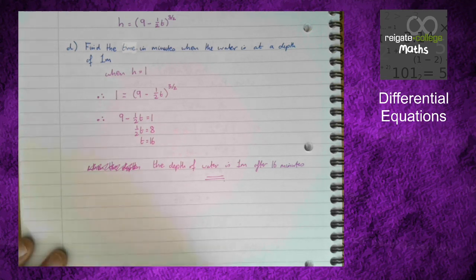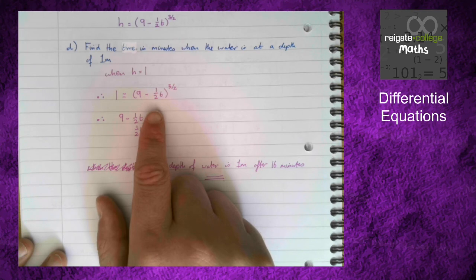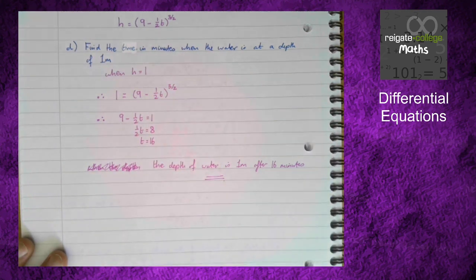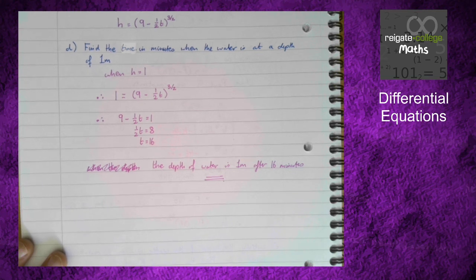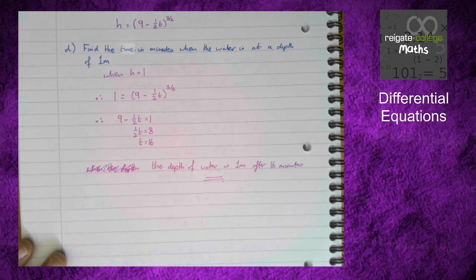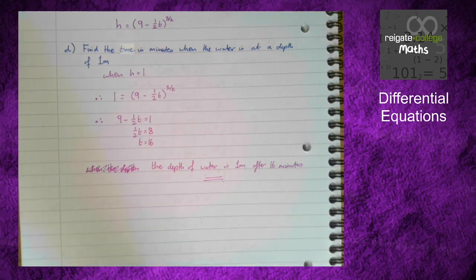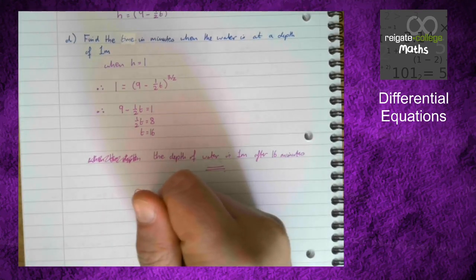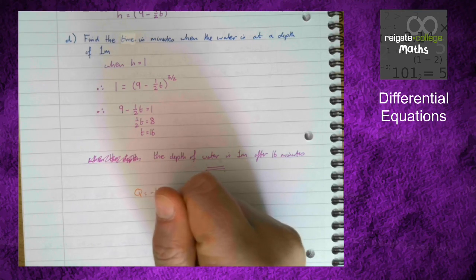Like with this one, we worked out that P was 9 and that Q was a half. If we go right back to where we started, what was Q equal to? Q was minus K times 2/3.